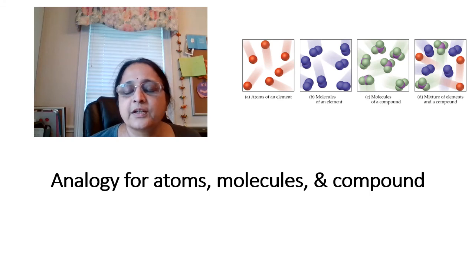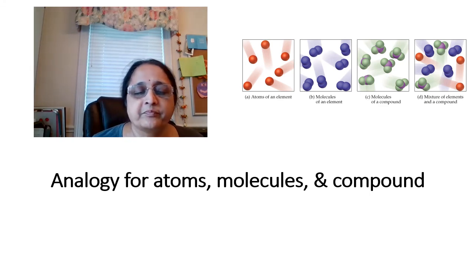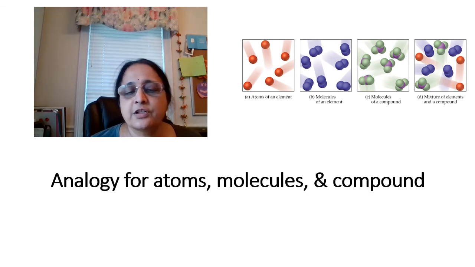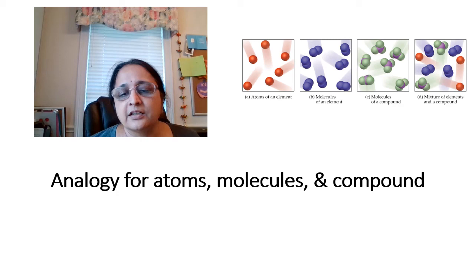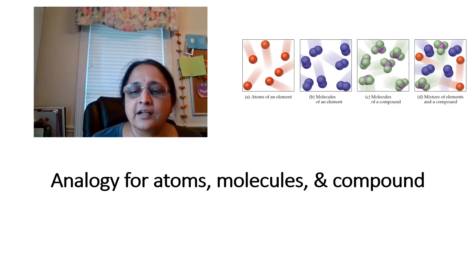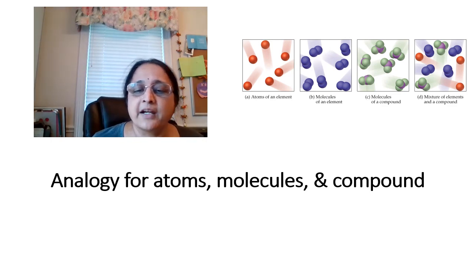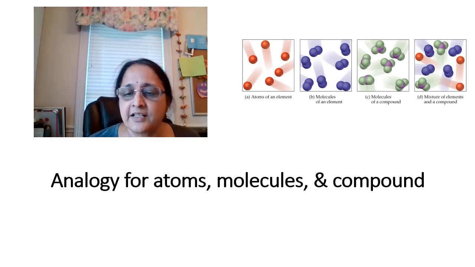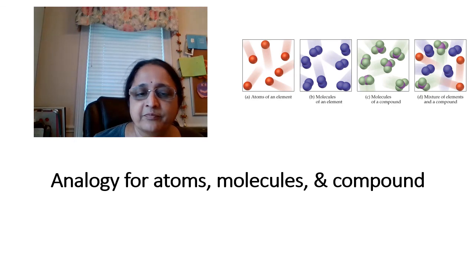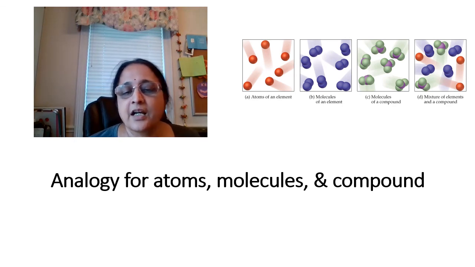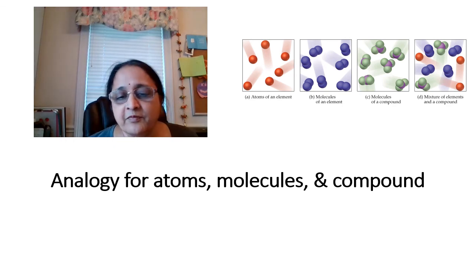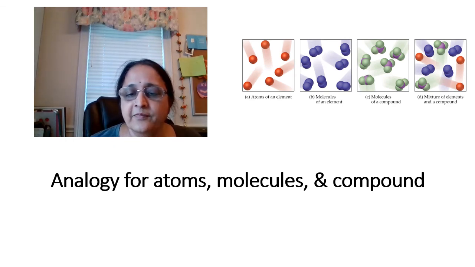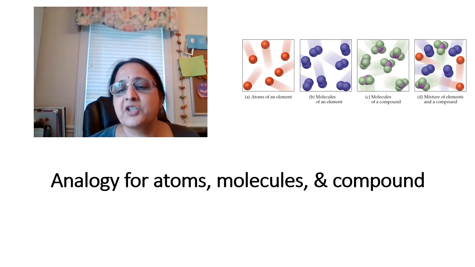So that scoop I can consider as an atom. If I want, I can put two or more scoops of the ice cream together. Then that's called a molecule. If my molecule of ice cream is made of more than one substance, for example, chocolate chip ice cream, then I can call that one a compound. So if I want my cup of ice cream with 3 different flavors, then I call that one a mixture.